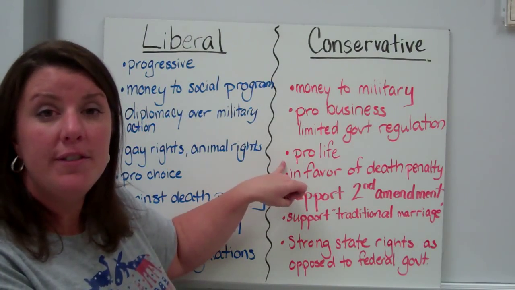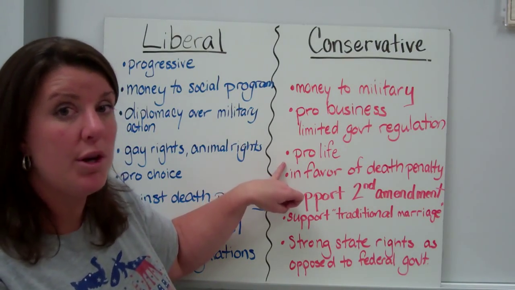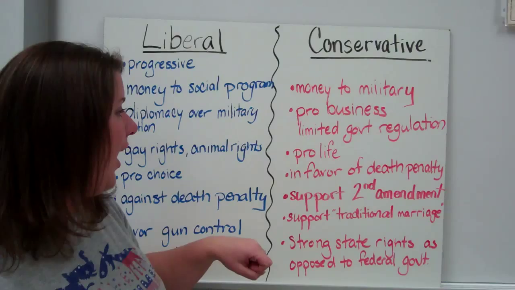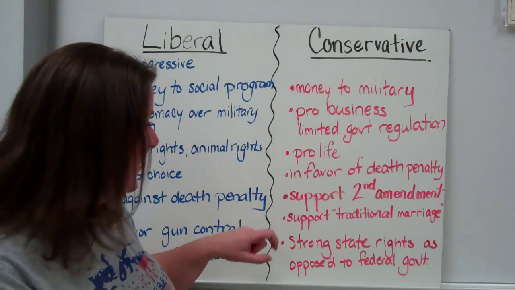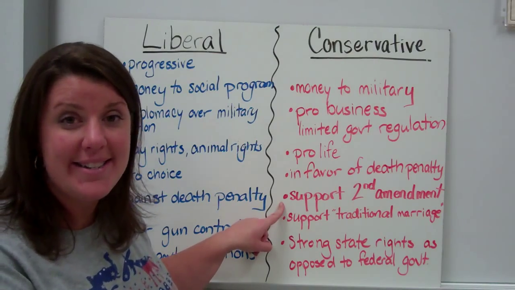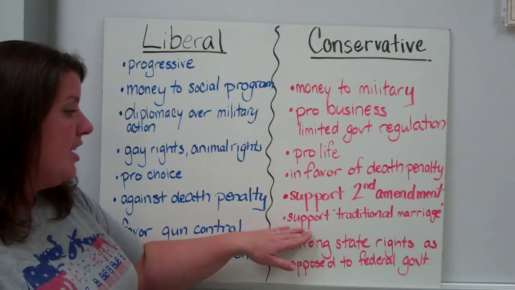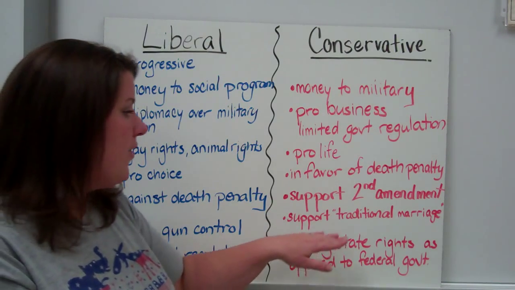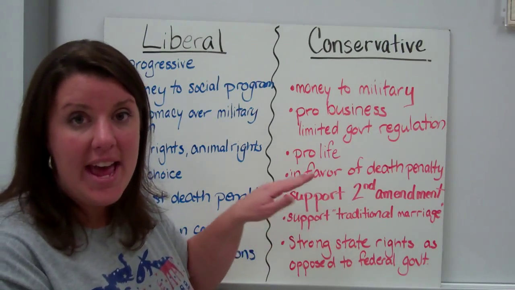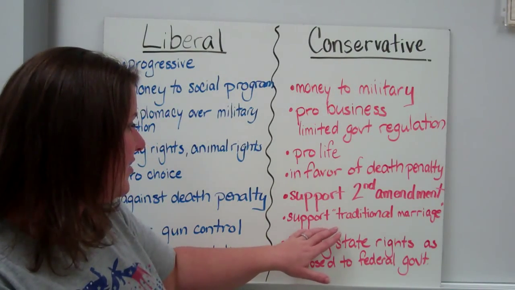Right? If you're a conservative, those traditional family values, you would be pro-life. There's not a time when there should ever be an abortion. I think you've heard about that in the news recently. In favor of the Second Amendment. Second Amendment is the right to carry a gun. Right? And they say no gun control, that cannot be taken away ever, because that's one of the reasons how we gained our independence.